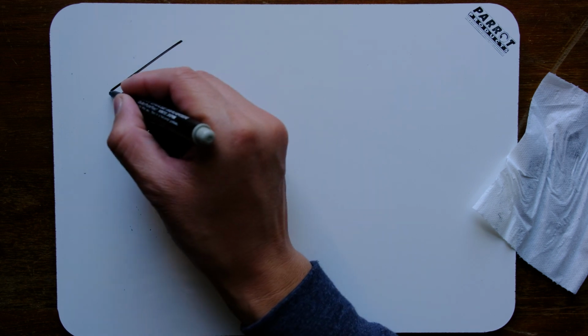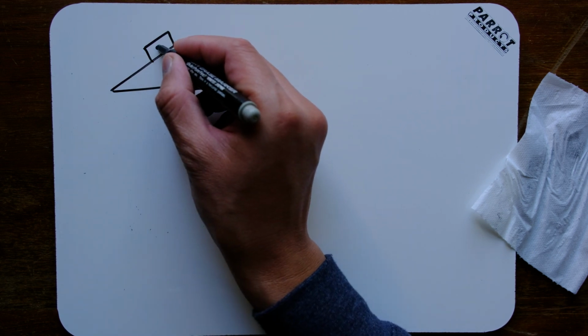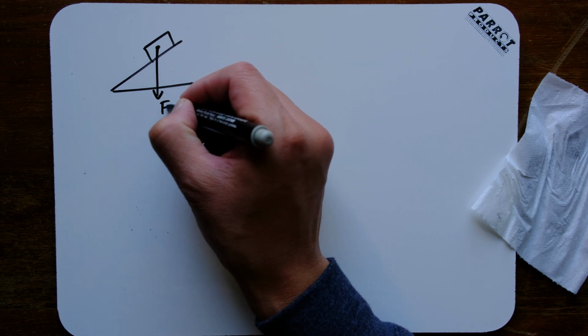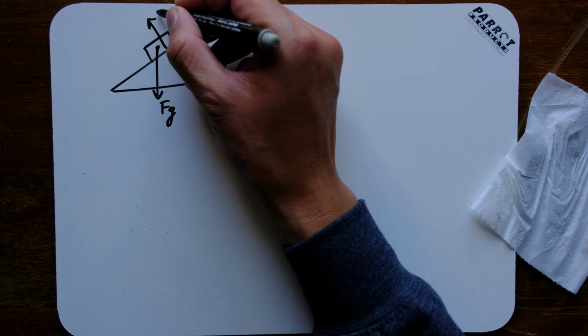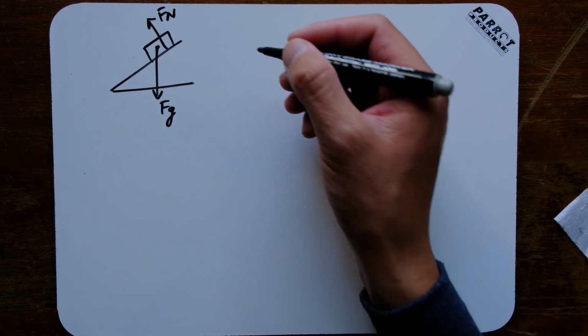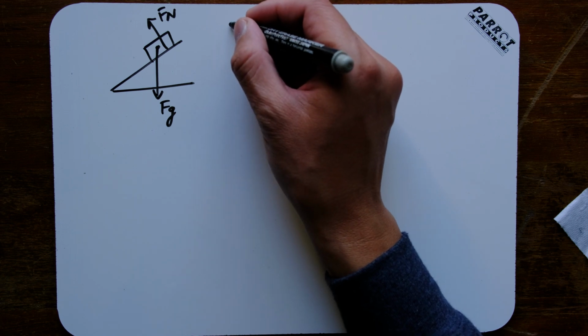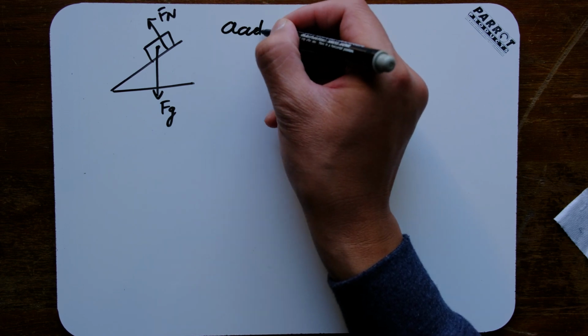If we have a frictionless slope, that means we do not have a force of friction acting up. All we have is the force of gravity acting down, the normal force acting up, and now we have a net force. Now, in some of these equations, you need to find what the acceleration will be.